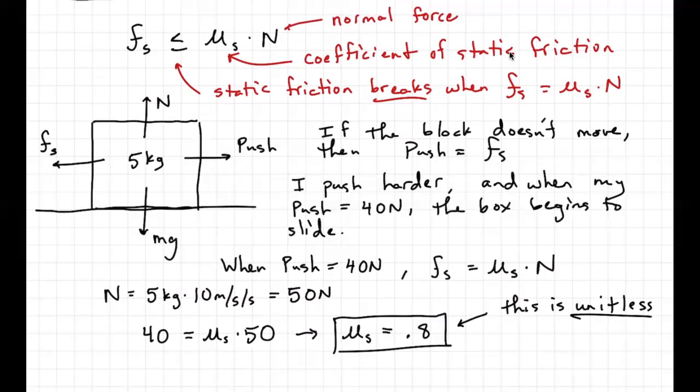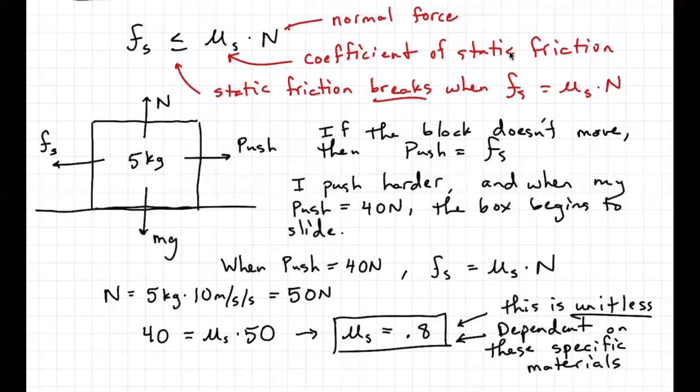So that number 0.8 is dependent on this specific situation with these specific materials. It'll be different if the box was made out of something different or the tabletop had a different surface on it.